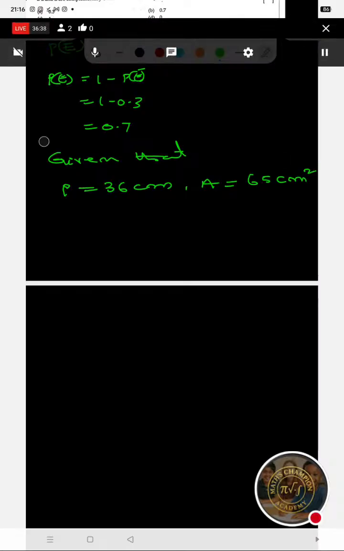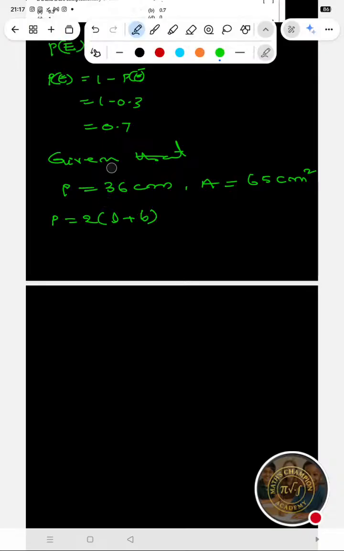We already know the rectangle perimeter formula is 2 into L plus B. So here the perimeter 36 is equal to 2 into L plus B. If you do cancellation here, 2 ones are 2, 18. So 18 is equal to L plus B.